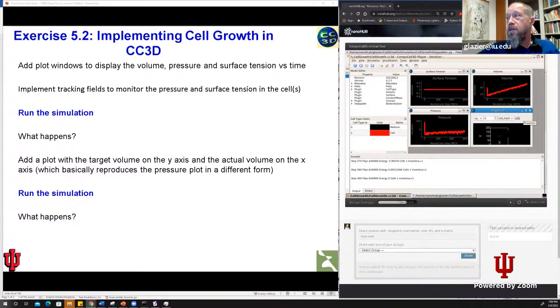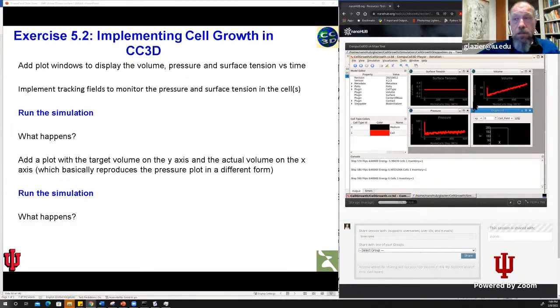But essentially what I see here is the pressure stays roughly constant. There is some pressure because there's a positive energy between the cell and the medium, so there's some compression. And pressure is measured backwards, so inward pressure shows up as a negative number here. And the volume is increasing essentially linearly in time, which is what we've asked it to do.